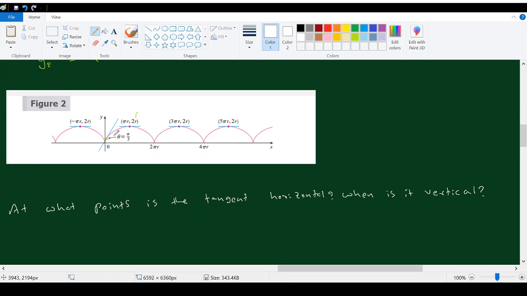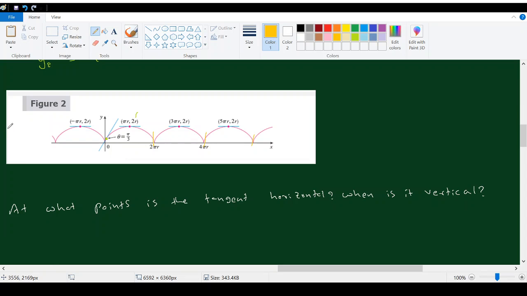So if you look at the diagram, you can see that in all these points you will get a horizontal tangent, and in all these points you will get a vertical tangent. So there will be infinite number of points where you have a horizontal tangent, as well as an infinite number of points where you have the vertical tangents.